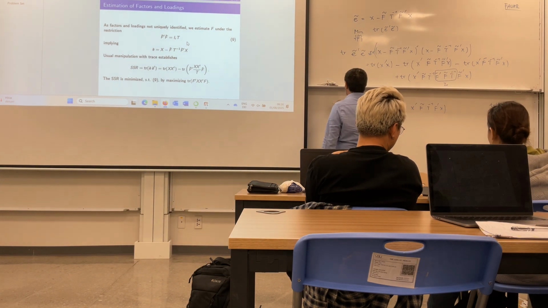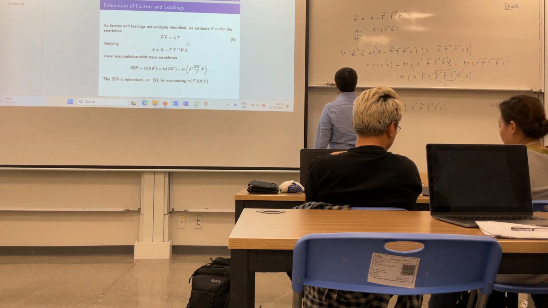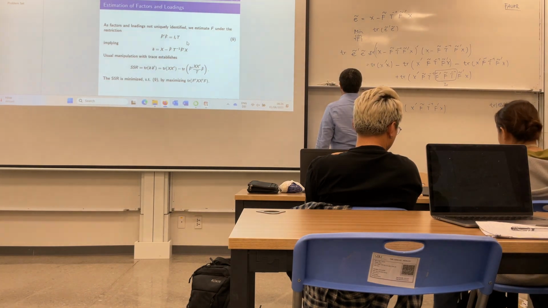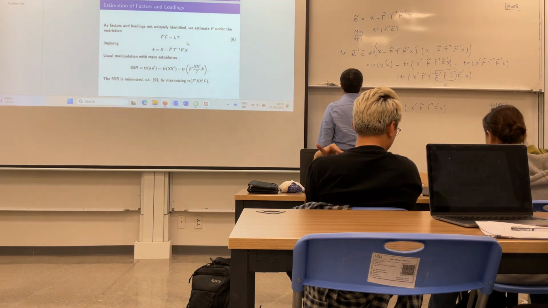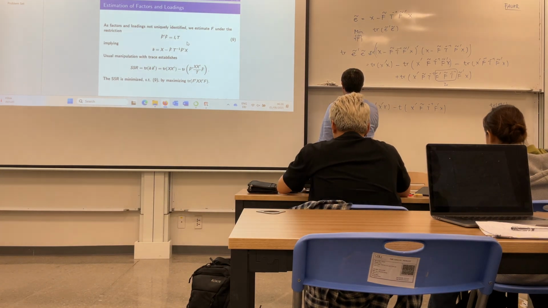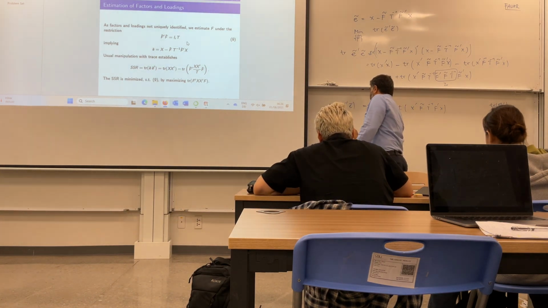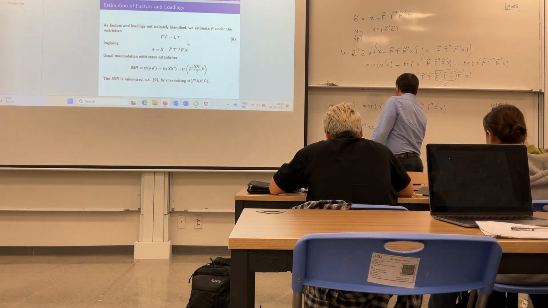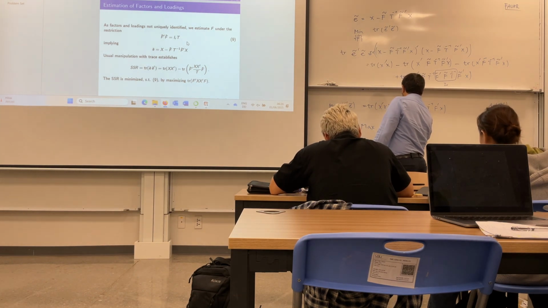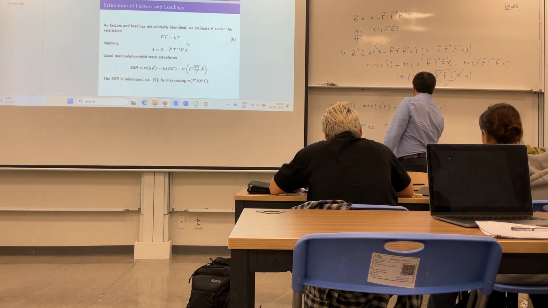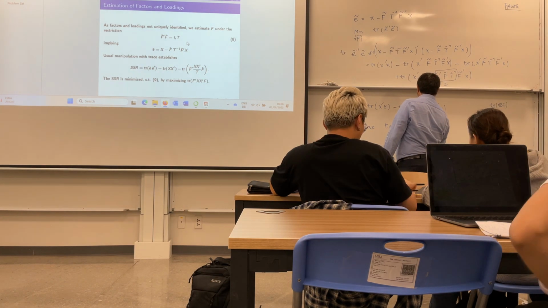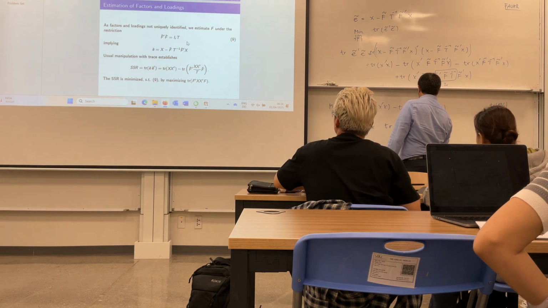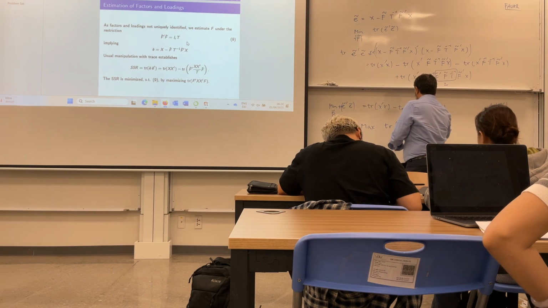So minimizing, here min in f tilde of trace of e tilde prime theta, is equivalent to maximizing this trace. Change the order.